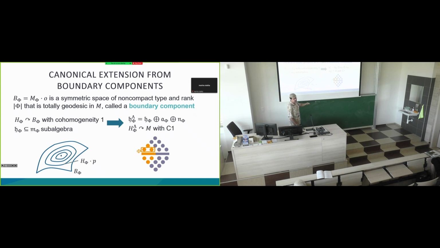And in fact, we can in some way identify the set of roots for this lower rank symmetric space with the roots that we have taken here by just restricting them to a suitable isometry algebra.